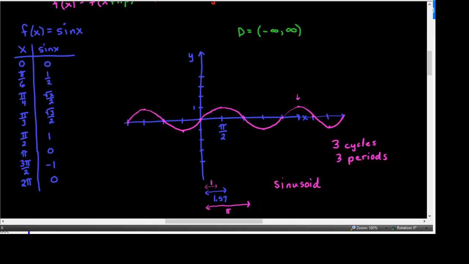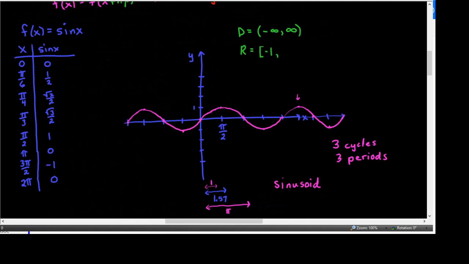Okay, the range is the set of outputs you get if you use every member of the domain. So in other words, what y values do we get? Well, we get a low value of -1, and it's included. If it were an open circle at -1, we would have a parenthesis instead of the bracket. So low value is -1. And we always go from low to high in this interval notation.